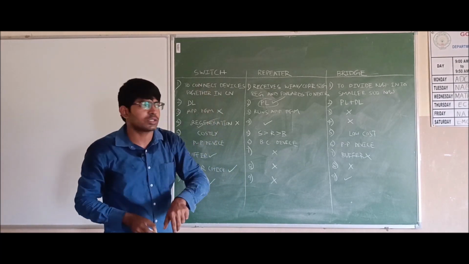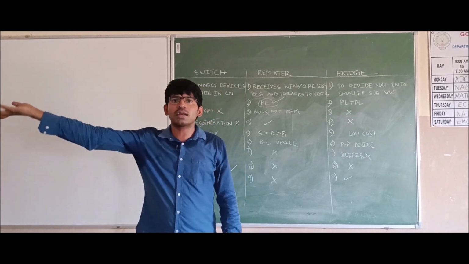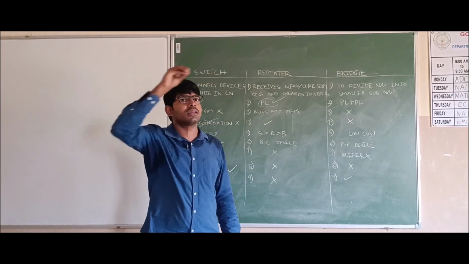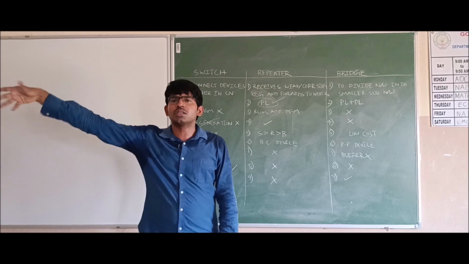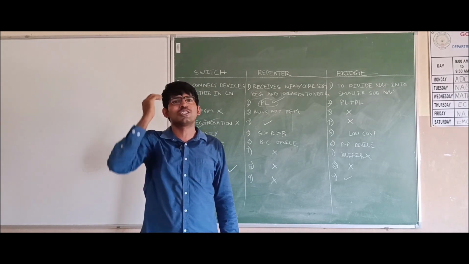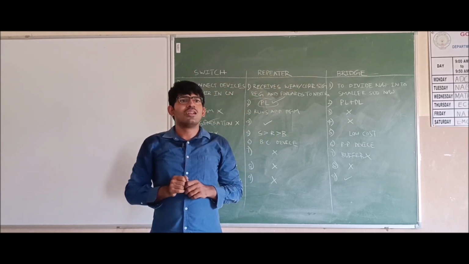Regeneration is not possible here. In a switch, what regeneration will it do? What electricity can this switch regenerate? It can only give whatever supply is coming. If sometimes it is not 230 RMS and it is coming as 460 RMS, the switch will give that 460 RMS only. Suddenly all devices will burn.